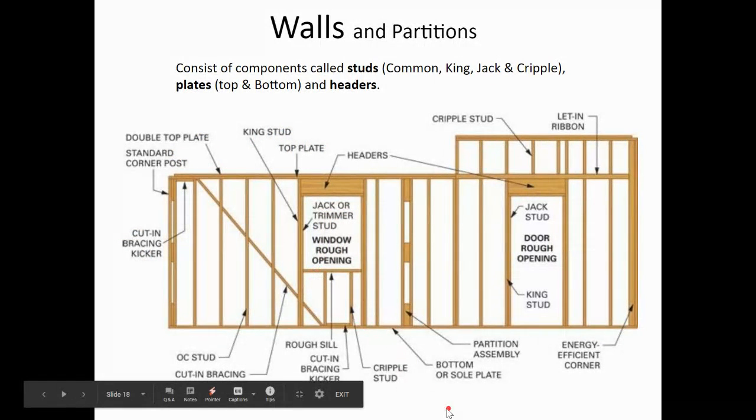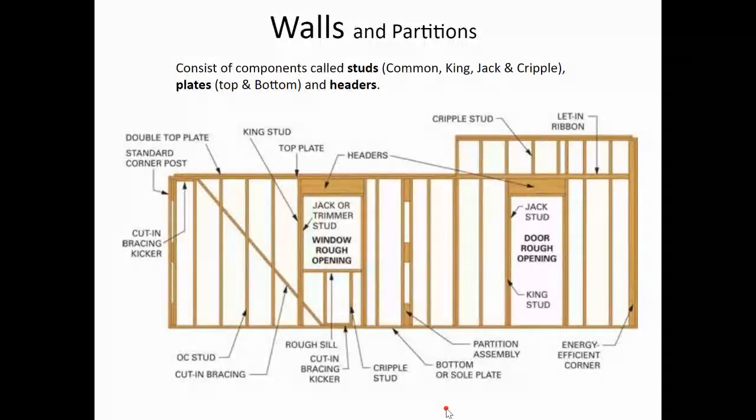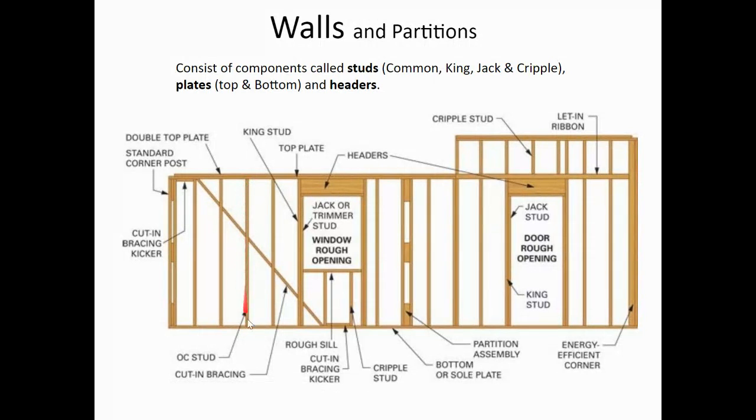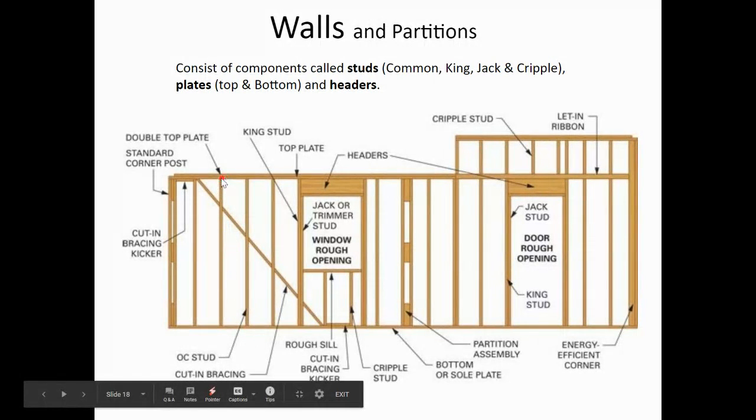So this is a picture of the wall, and kind of going back to our picture of our skeleton, there's lots of different names of all the parts and pieces. The one thing that we need to know right now is the name stud. Okay, the main structural component right here, this board is a stud. And this board right here is a stud. And this board right here is a stud.